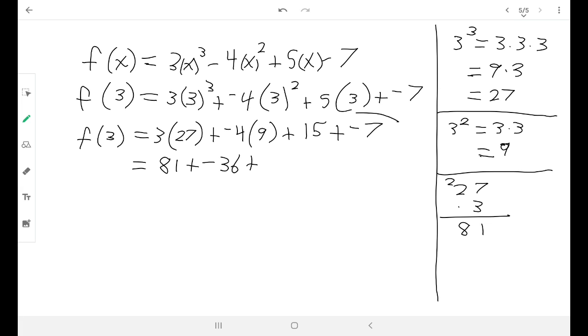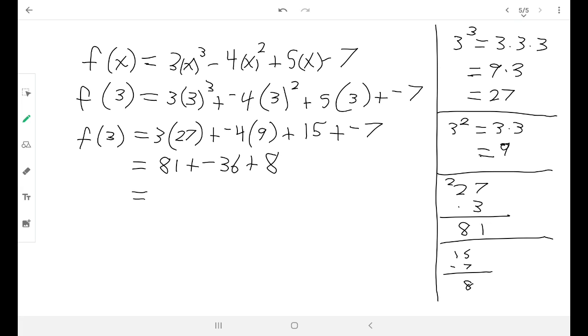Plus, and then I'm going to combine those two because there's nothing else to be done with them at this point. And 15 plus -7 is like 15 minus 7, remember? And 15 minus 7 is 8. So plus 8.